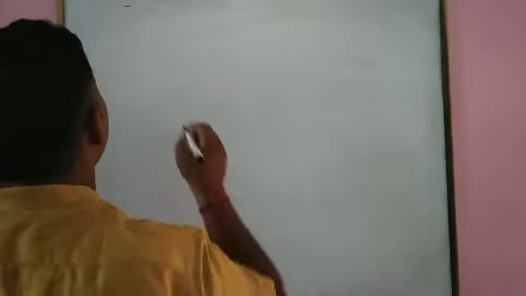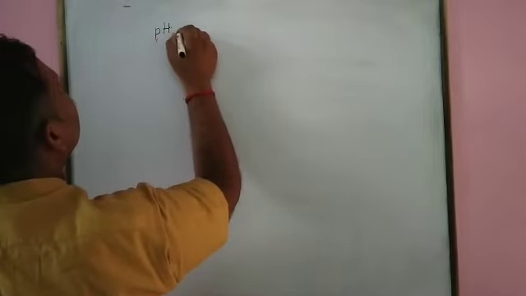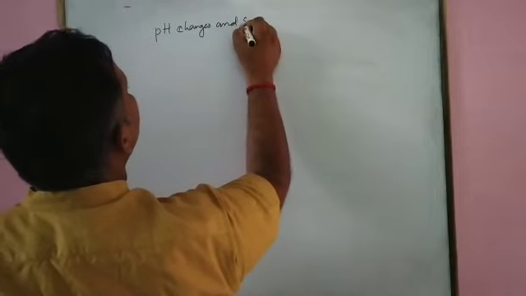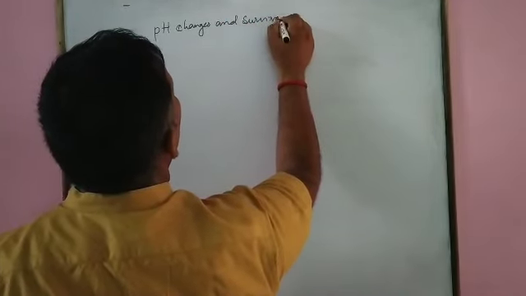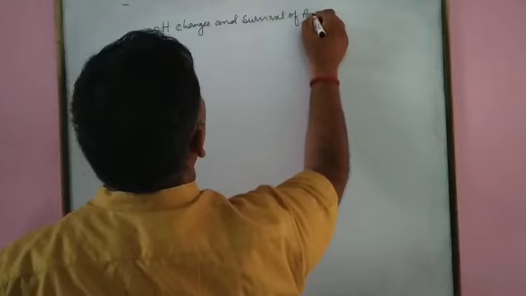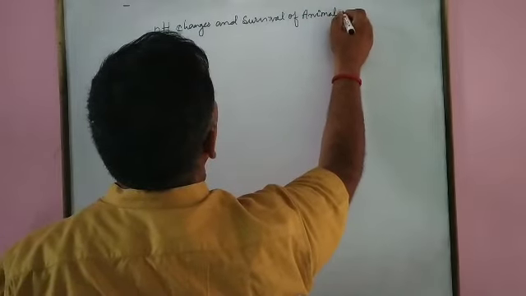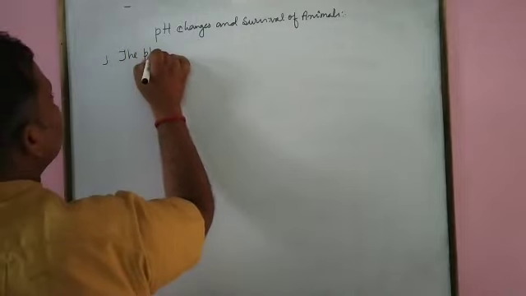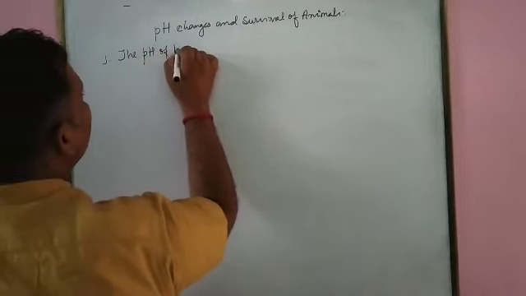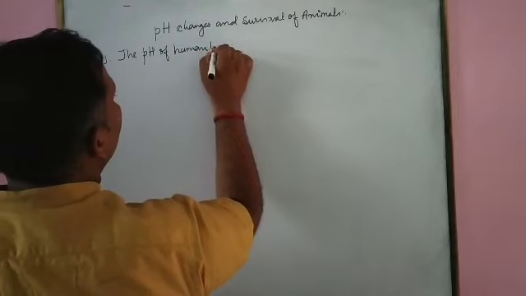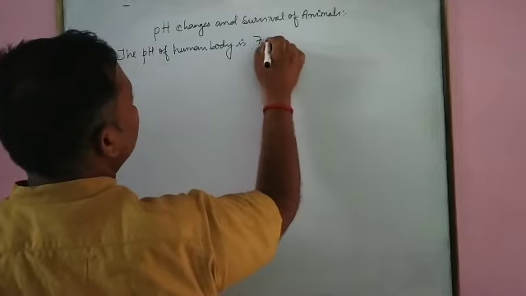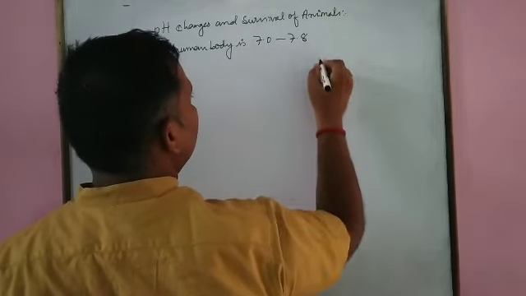Let us know pH changes and survival of animals. So the first one, the pH of the human body is from 7.0 to 7.8.